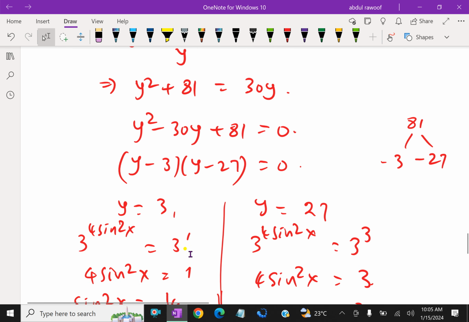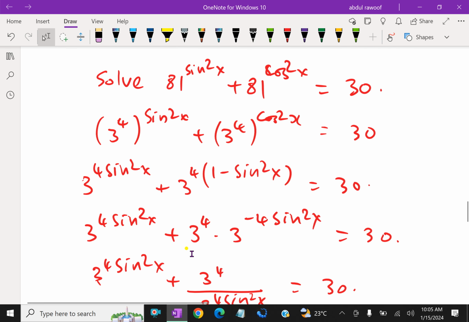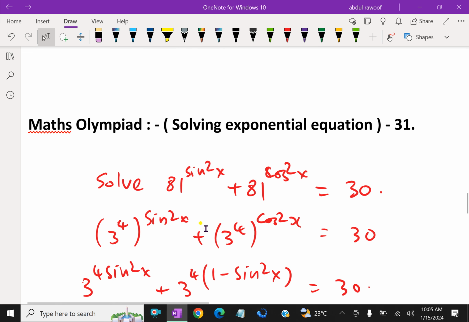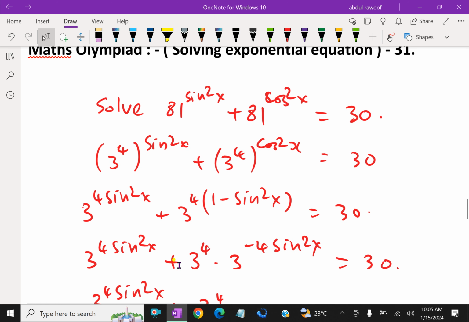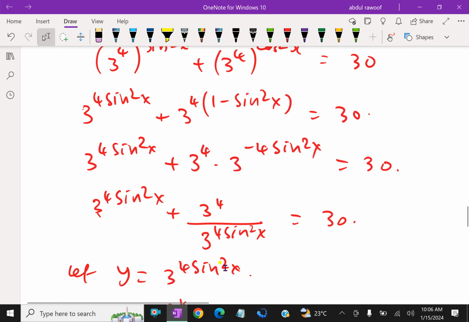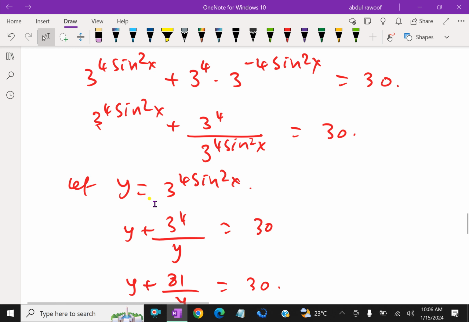So far we discussed an equation in exponential form with ordinary numbers and trigonometric functions together. Look here: 81 is expressed as 3 power 4, and we use cos squared x as 1 minus sin squared x, and after simplification we got y plus 3 power 4 by y equal to 30.